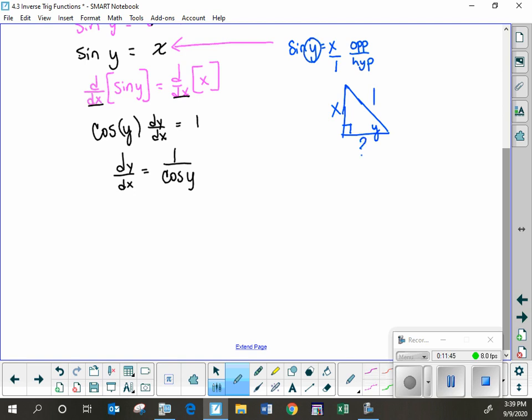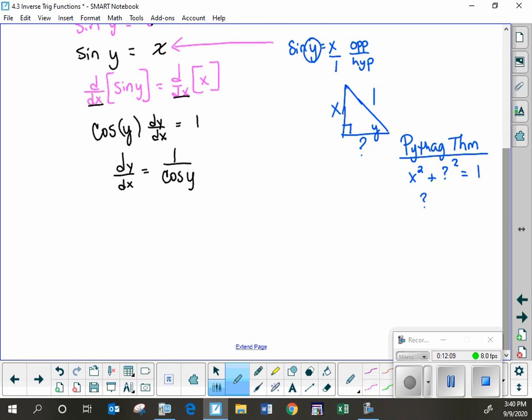Can I figure out the adjacent side here? Right triangle, we can use a little Pythagorean theorem. This is one of those techniques I think you did develop in pre-calc. You probably used these triangles to do that. So I know that x squared plus my question mark squared equals 1.